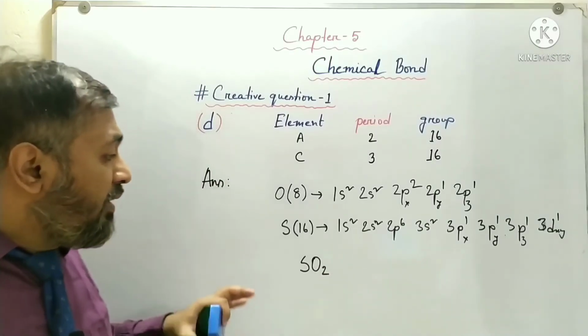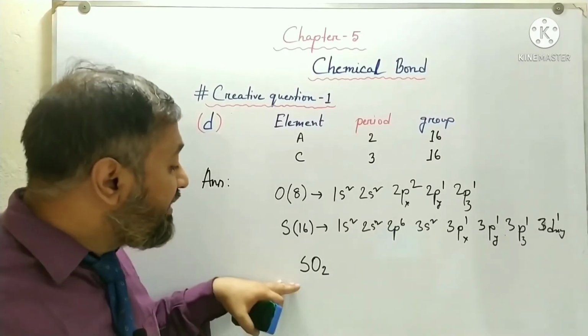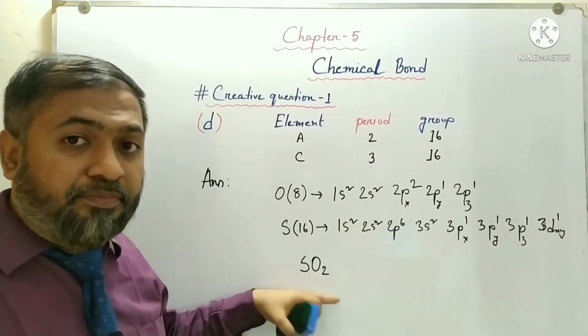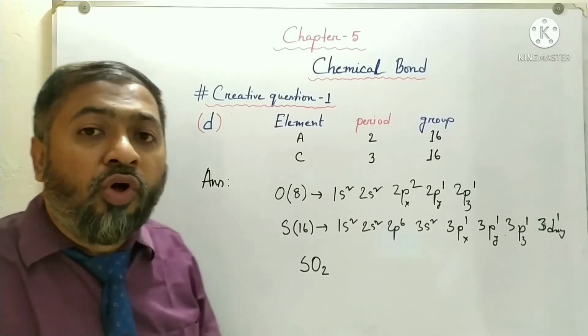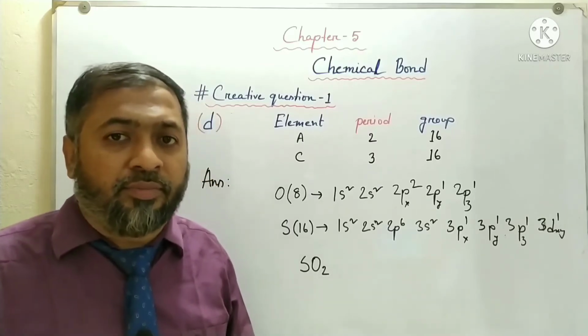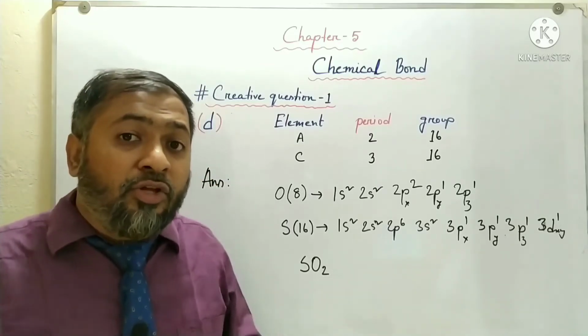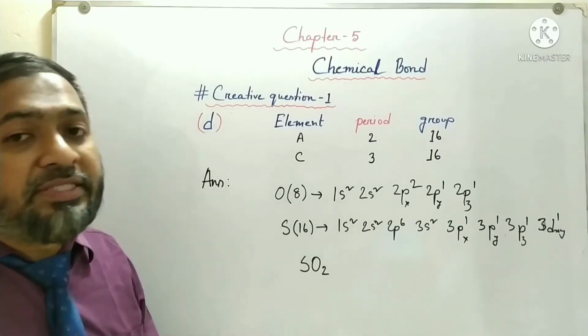Now students, how many bond pair electrons and lone pair electrons are present in sulfur dioxide? Before explaining that, we need to know what a bond pair electron is and what a lone pair electron is. The lone pair electrons are the total number of paired electrons present in the outermost principal energy shell.